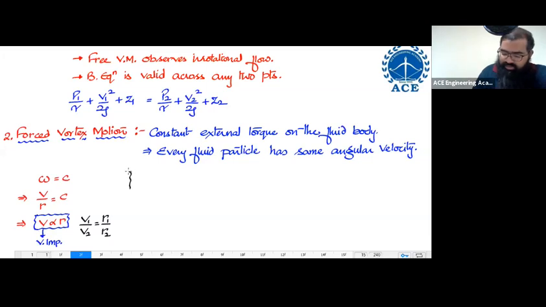Apart from this first point, two more points you have to remember in the case of forced vortex motion. What is the second point? Now look over here. Free vortex motion was observing irrotational flow. Forced vortex motion observes rotational flow.